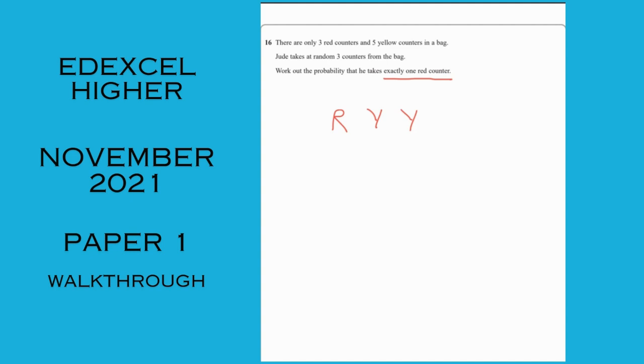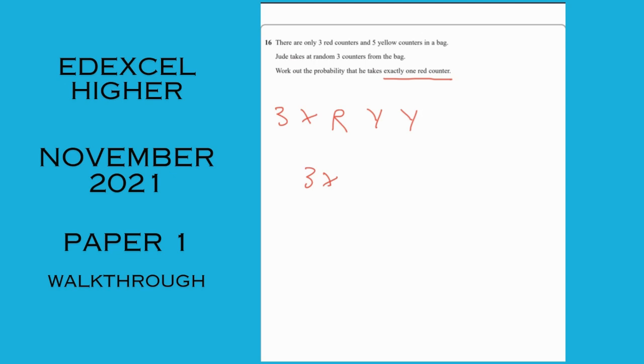Then we could put the red in the middle, but the numerators across the top and the denominators across the bottom would be the same. And similar if we had the R at the end, the numerators and the denominators would both be the same. In other words, there are 3 ways of getting 1 red counter. So just do 3 multiplied by all these fractions.